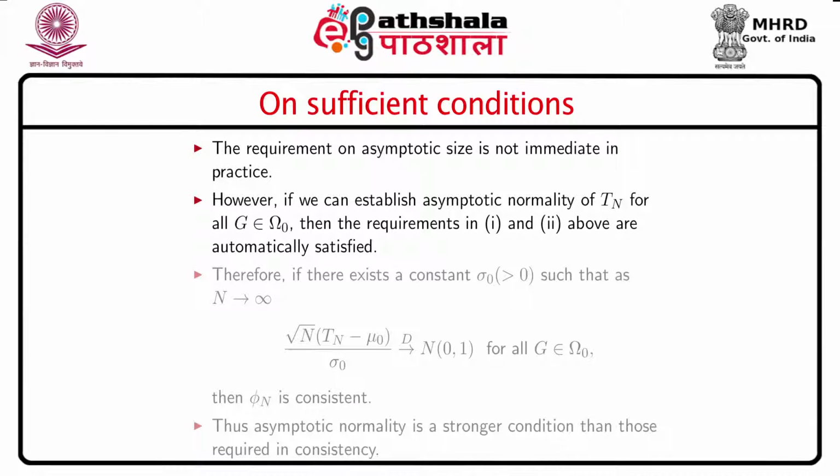But if we can establish asymptotic normality of Tn for all G belonging to Omega naught, then the requirements in 1 and 2 above are automatically satisfied.